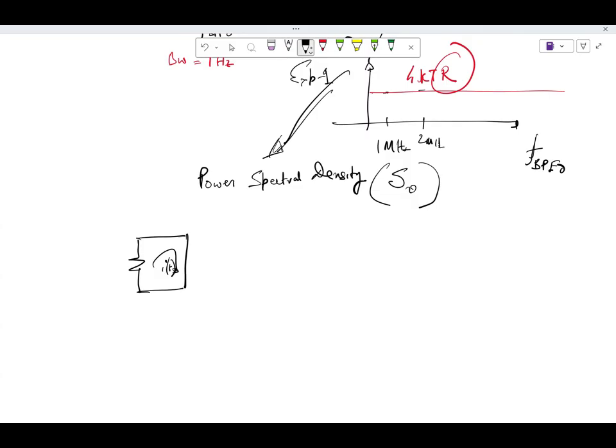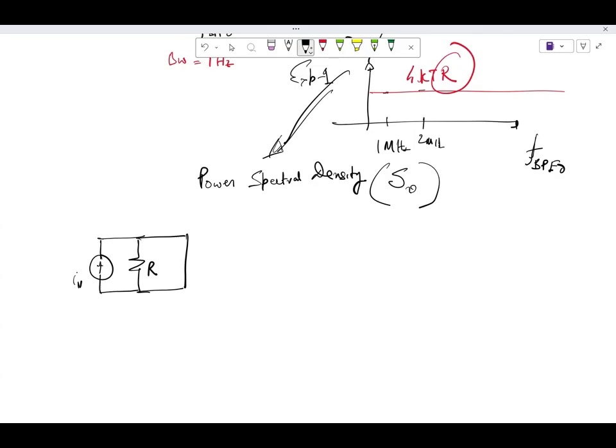There is a short circuit current, which means that I can develop a Thevenin equivalent of this also. This model does not really tell you where the current source is. So in order to incorporate that, I have to say that there is a noise current source IN and a noiseless resistor R.